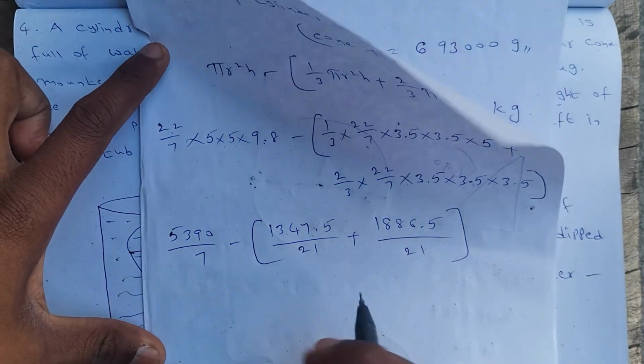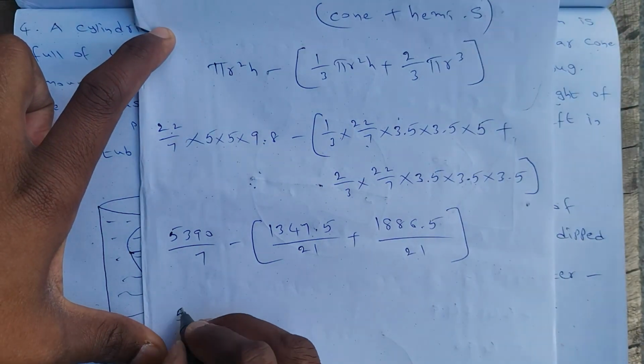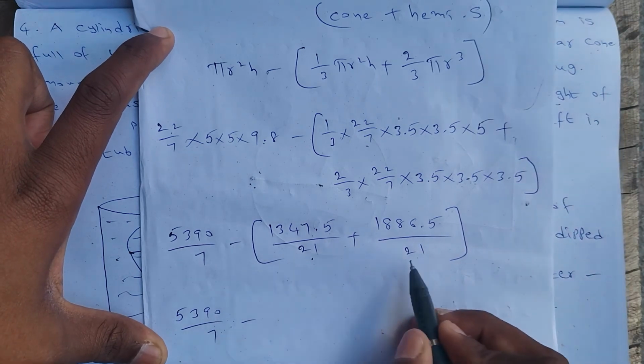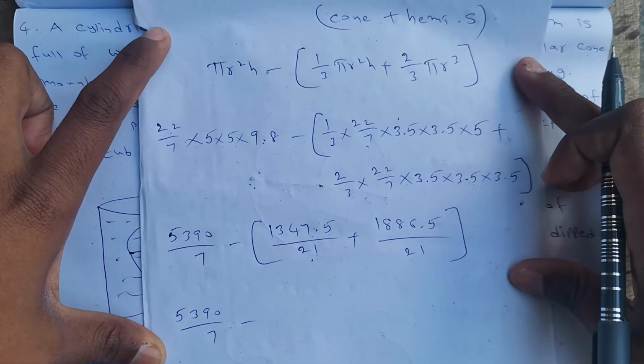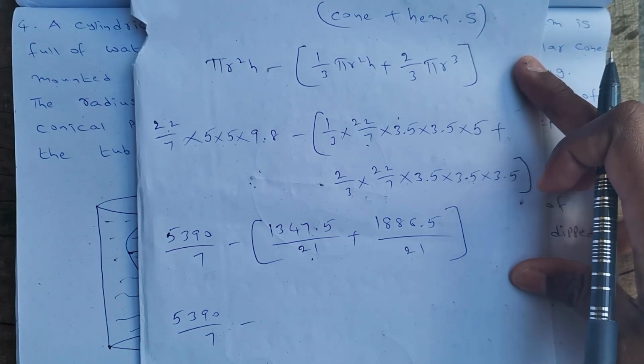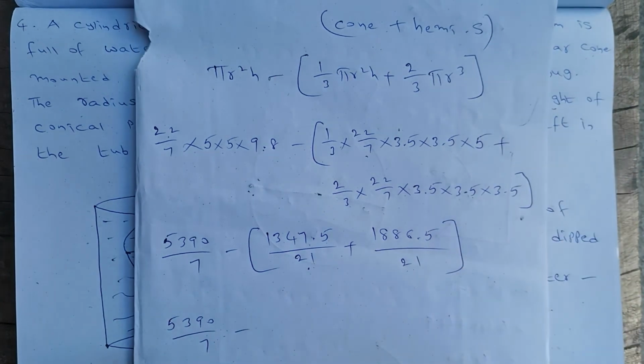Now the outside one I am writing as it is, that is 5390 by 7 minus. Here both the denominators are the same, so we can add the numerators: 1347.5 plus 1886.5 is 3234.